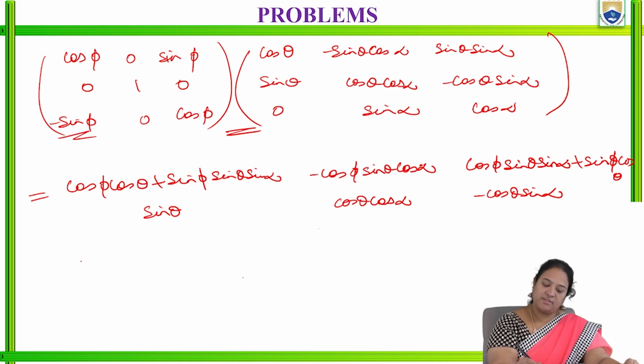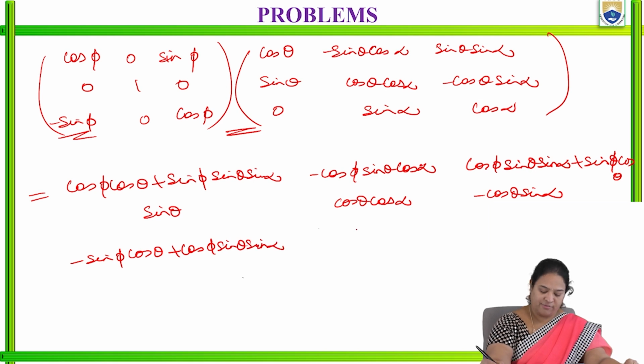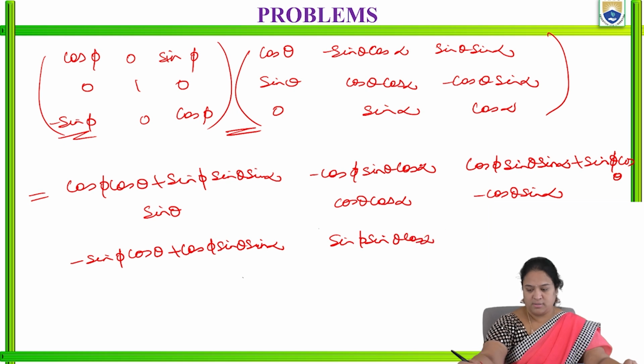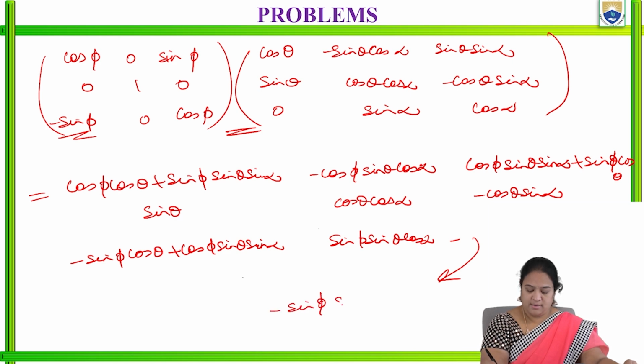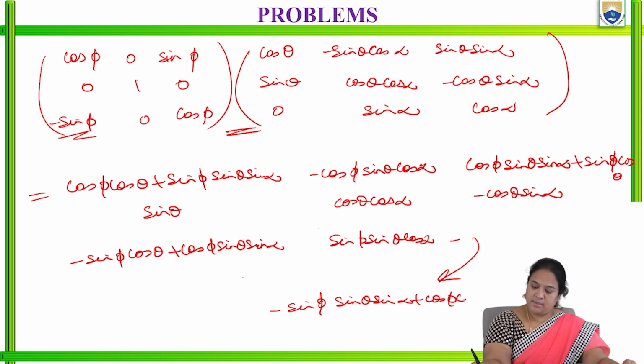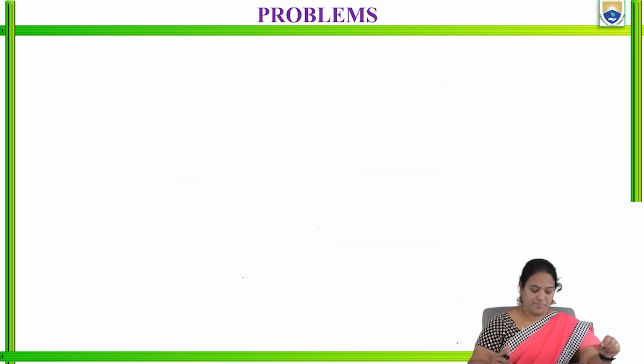And this one when we are considering minus sin phi cos theta plus cos phi sin theta sin alpha, sin phi sin theta cos alpha, minus sin phi sin theta sin alpha plus cos phi cos theta. This is the final matrix which we have got when we are multiplying, right?